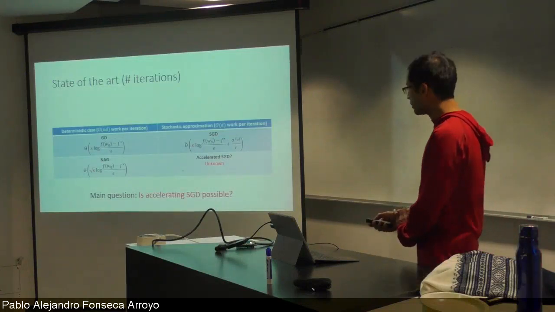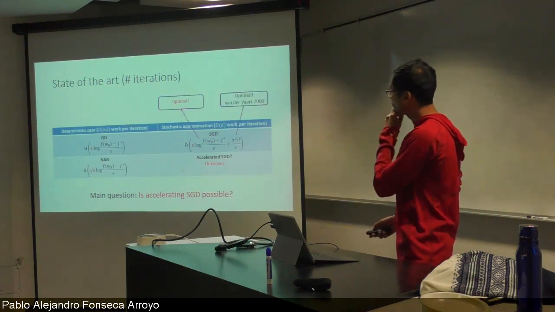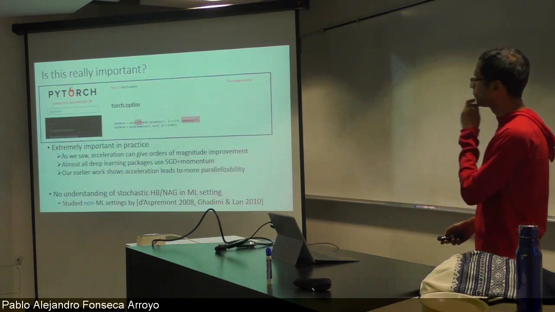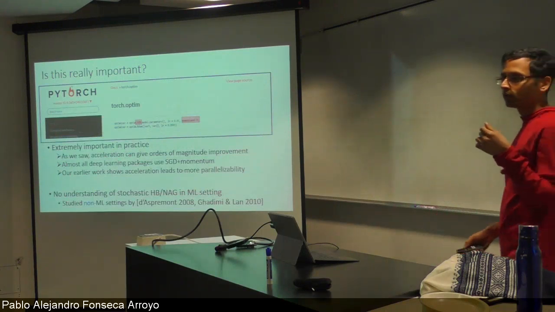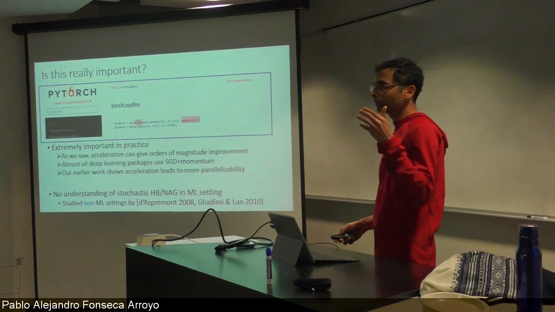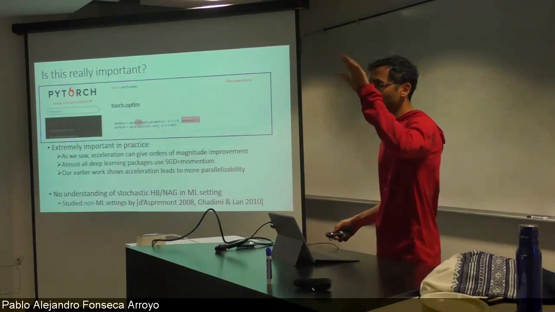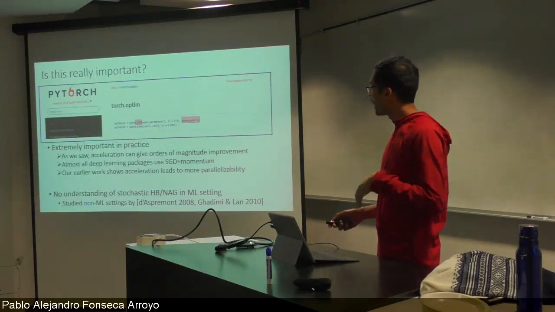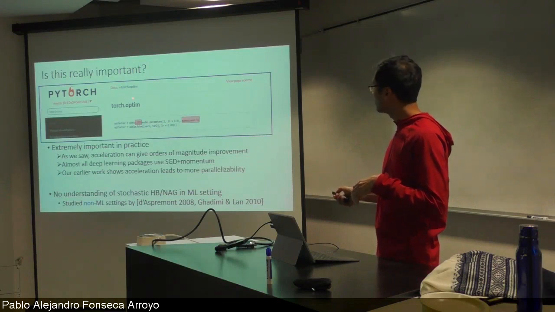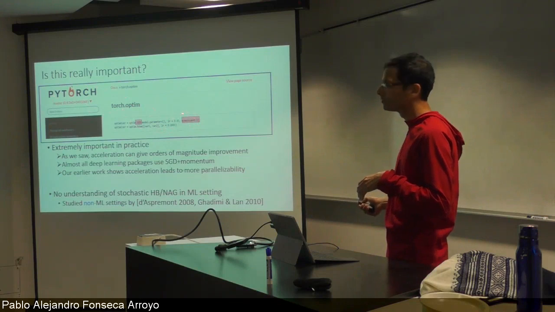Before I try to answer this question, let me first tell you why we think this is really important. As we saw earlier, heavy ball and Nesterov's accelerated gradient, which were proposed for the deterministic setting, you can easily make stochastic by just replacing gradients with stochastic gradients, and people do use them in practice a lot. Any deep learning package that you look at has these additional momentum parameters.